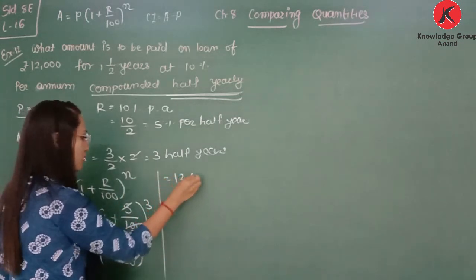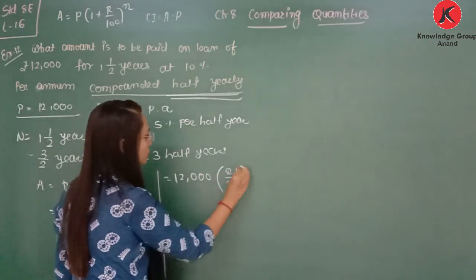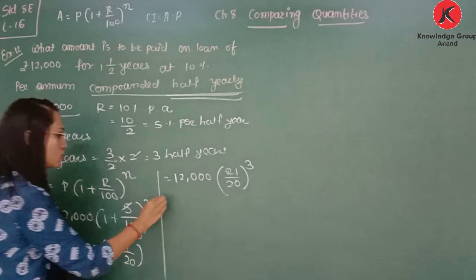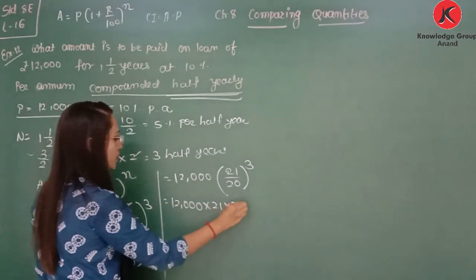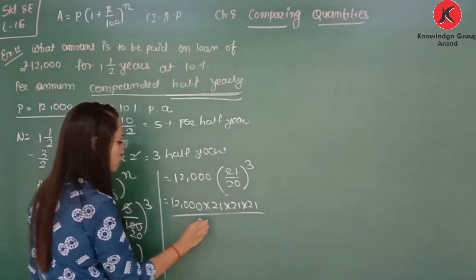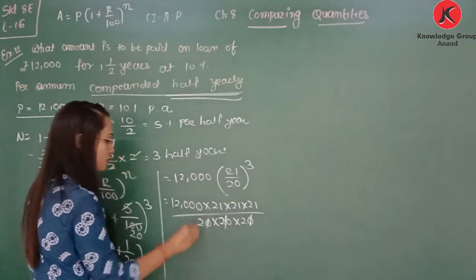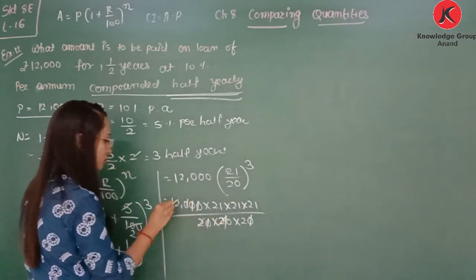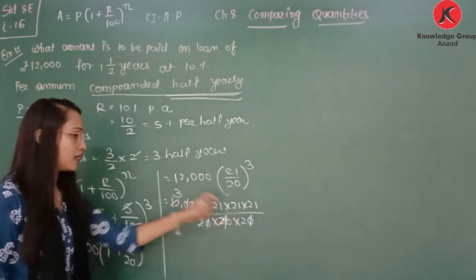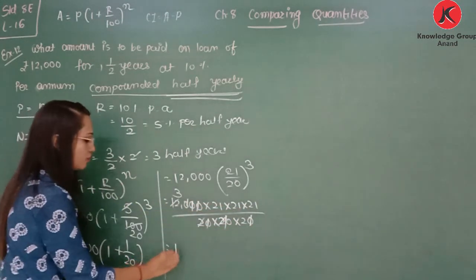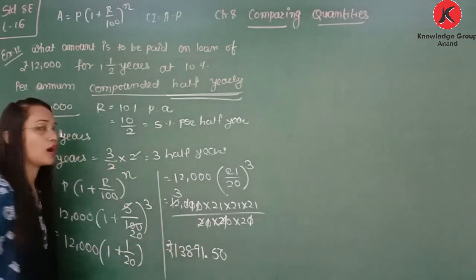We get 12,000 times 21 by 20 raised to 3. So 12,000 times 21 multiplied by 21 multiplied by 21, divided by 20, 20 and 20. The zeros cancel out. If you multiply 21, 21, 21, by 3 and divide by 2, you will get 13,891.50 rupees. That is our amount.